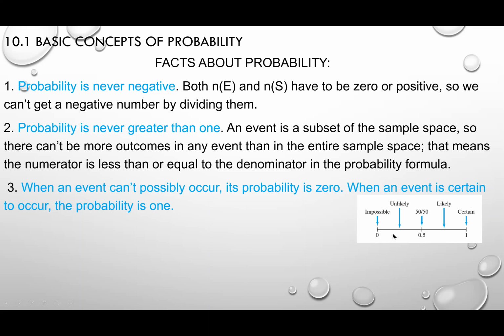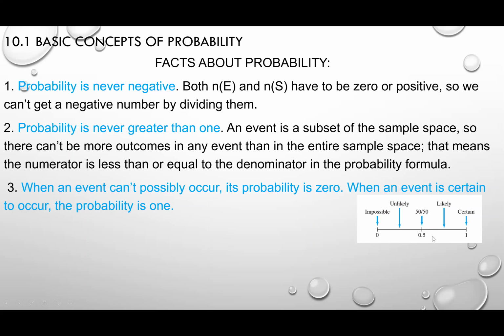So if I have a dice and I ask, if I roll a dice, what is the probability of the dice landing on number 7? You say, wait a minute, the biggest number on the dice is 6. How can it land on number 7? Meaning it's impossible for it to land on number 7, right? And if it's equal to 1, meaning it will always occur.